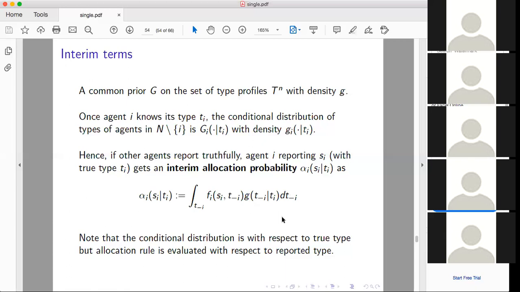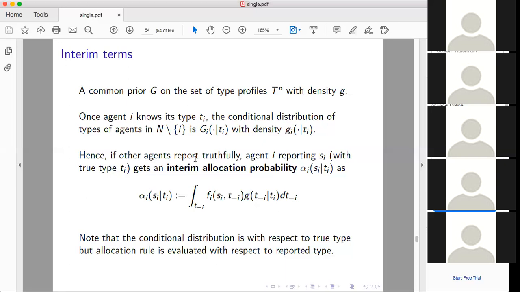Notice that if types are independent, that is, nature gives each agent his type independent of other types, then this conditioning is irrelevant. We don't need to do such conditioning. So this term becomes independent of Ti.